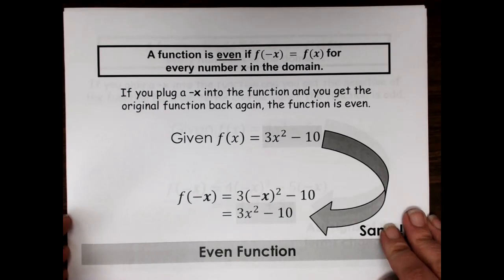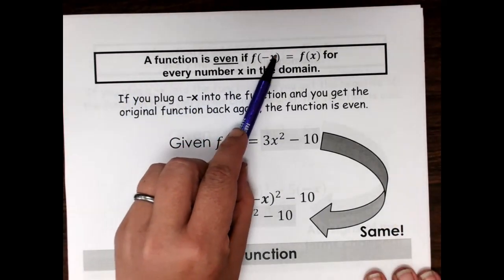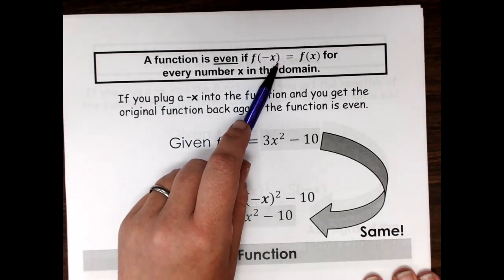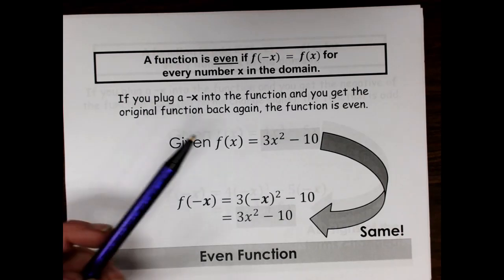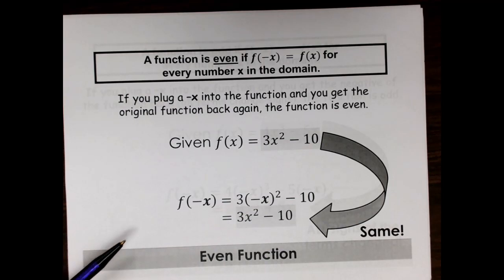I'm going to go ahead and we'll look at just a few of these examples now that talk about this rule, where if we plug in negative x into the function, and it's an even function, we should get the original function back out. So let's look at what that means. Here we start with f of x equals 3x squared minus 10.